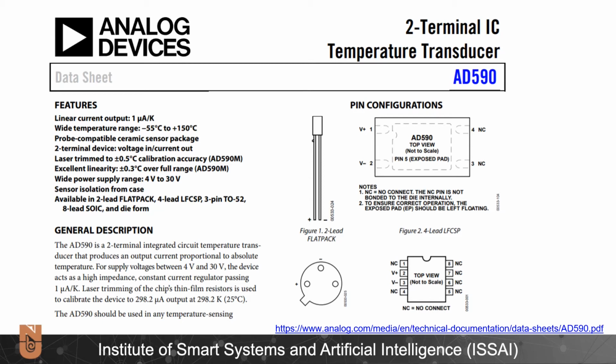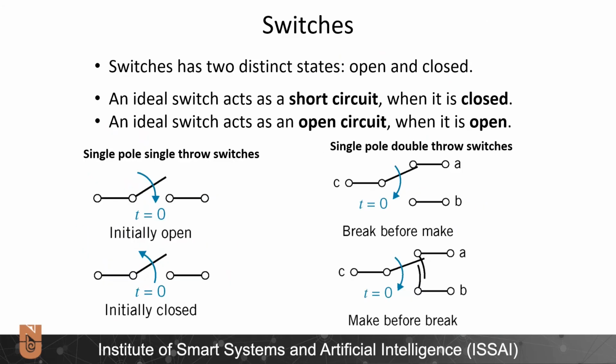In the datasheet, we have information on the operating temperature, power supply range, the sensitivity, the package information, and more. A good engineer should be able to read datasheets of different devices such that he or she can implement new systems utilizing these components.